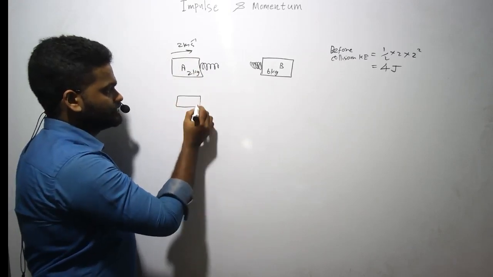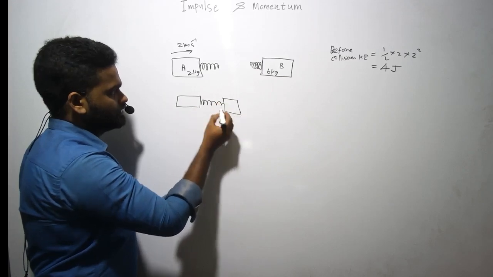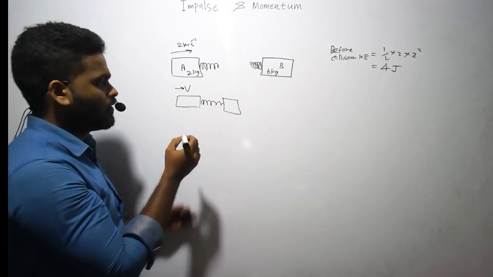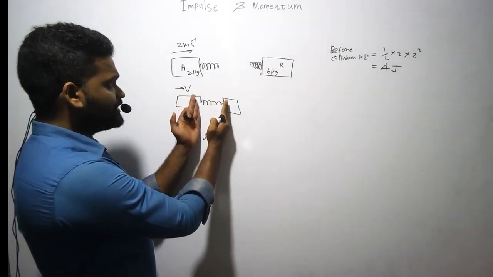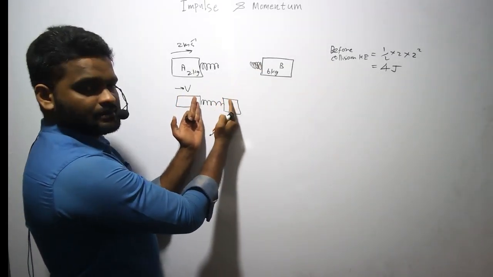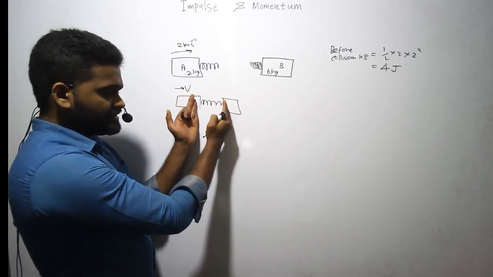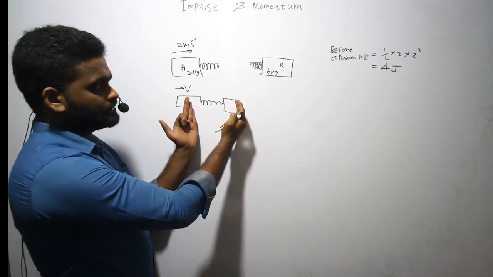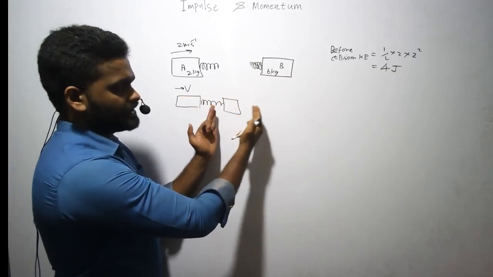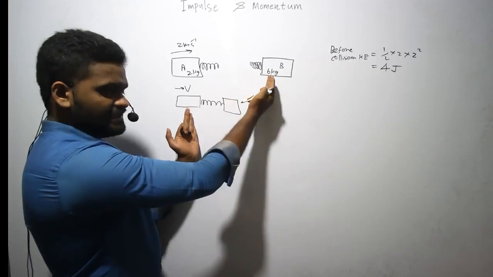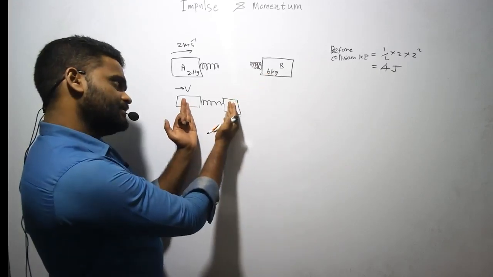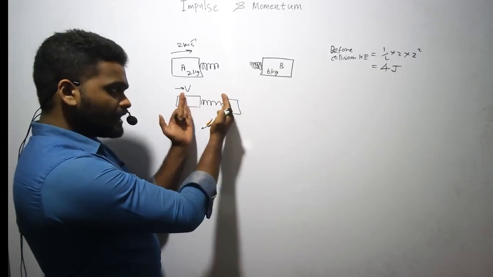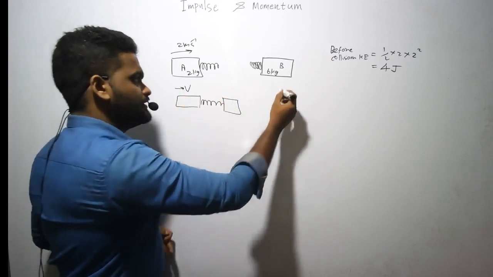Let's say the speed decreases and comes to V. And the speed of B increases. The speed of A decreases and the speed of B increases, right? Then it comes to a certain value. I'll show you that in a graph, right?